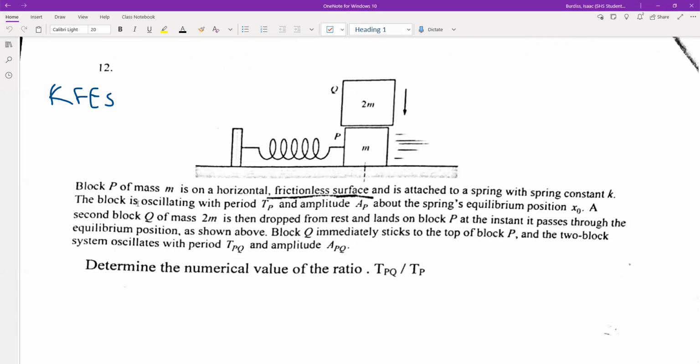Well, that's already labeled, so we don't necessarily have to write that down. It's a frictionless surface attached to it. So there's no values here. So there's not really anything to write down, but just read what it says. So assuming you already read it, it is saying determine the numerical value of the ratio. Well, we have to pay close attention to what it says. Numerical value, that means no variables allowed.